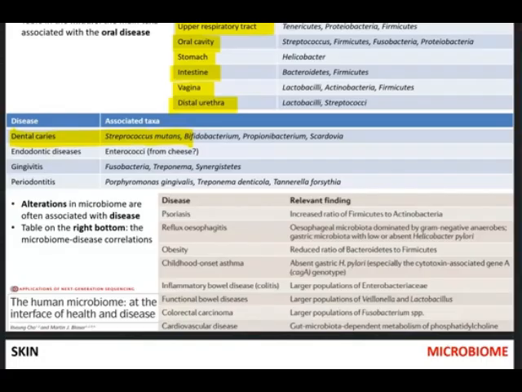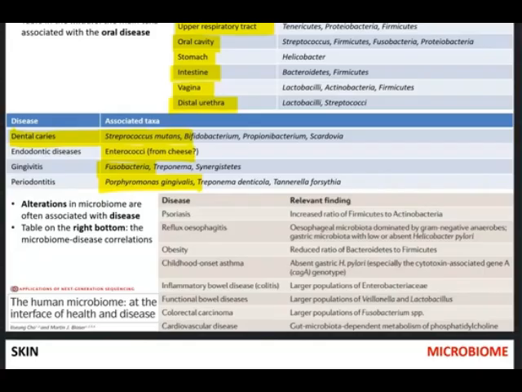Okay, Strep mutans, dental caries, enterococci associated with endodontic disease, Fusobacterium, oh, that's my favorite, gingivitis, okay, and periodontitis, Porphyromonas, okay. So why pay so much attention to this?